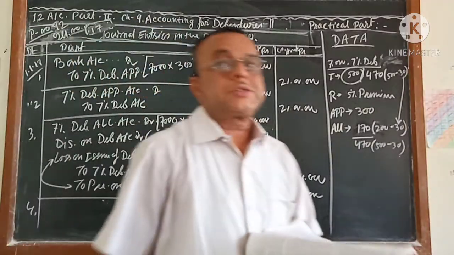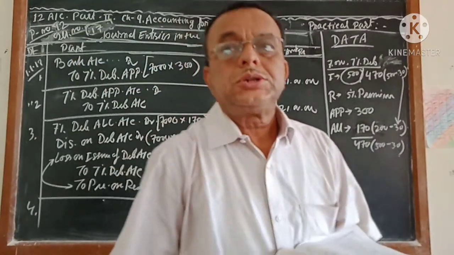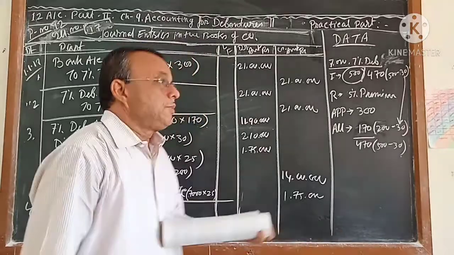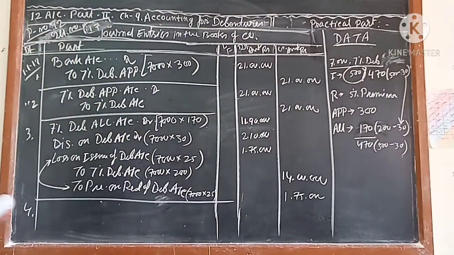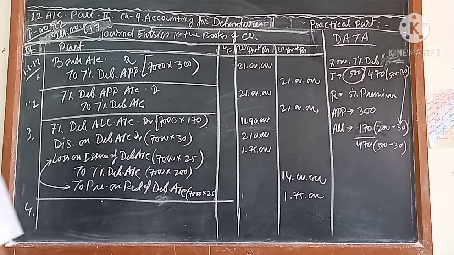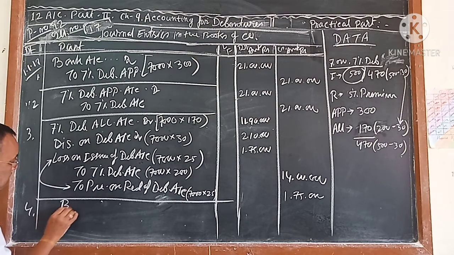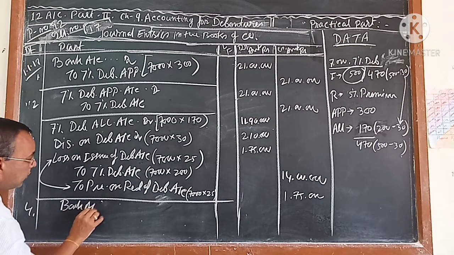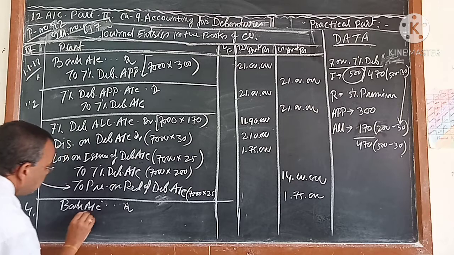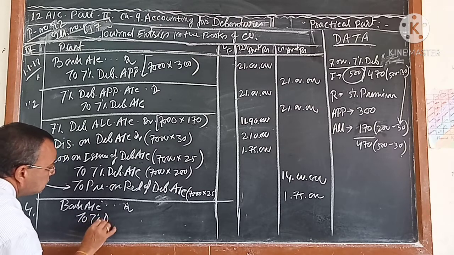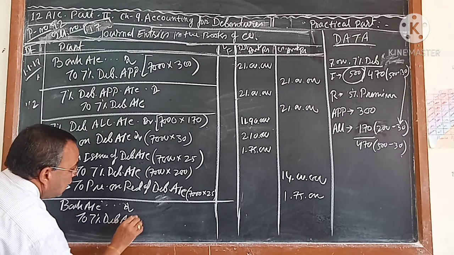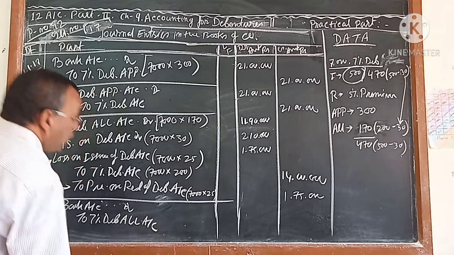Now we are going to pass the next journal, which is the receiving entry. Receiving for allotment: bank account debit to 7% debenture allotment account. How much?